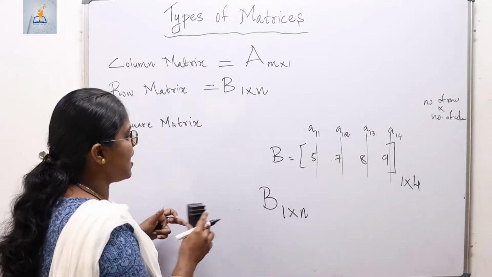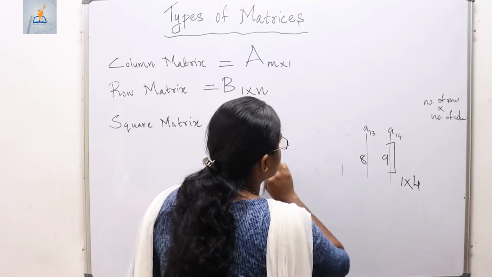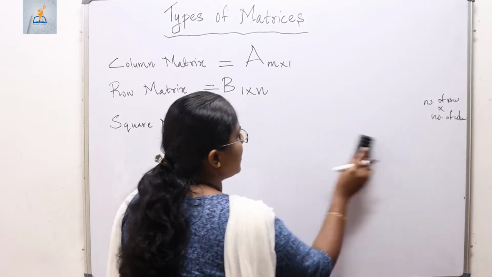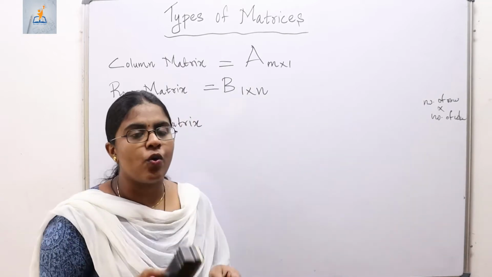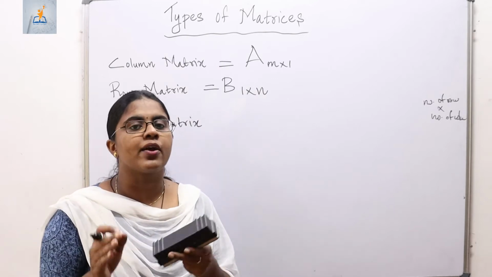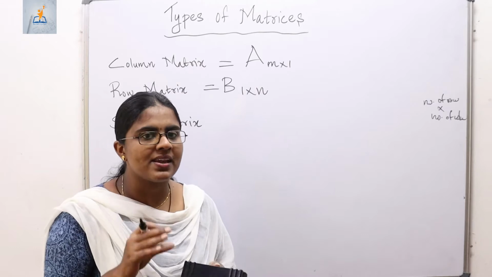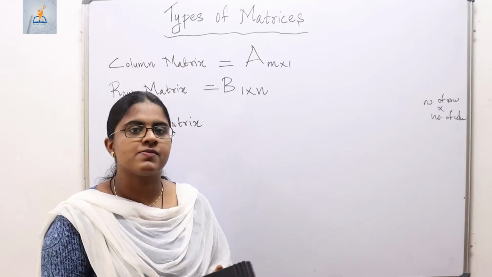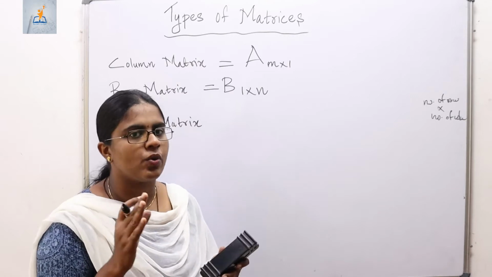Moving on to the next type of matrix, we have the square matrix. What is a square matrix? A square matrix always has the same number of rows and columns, which means if a matrix has 3 rows, then it should have 3 columns, and then it will be called a square matrix.